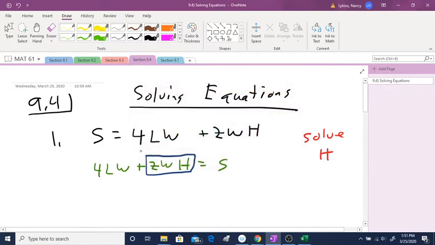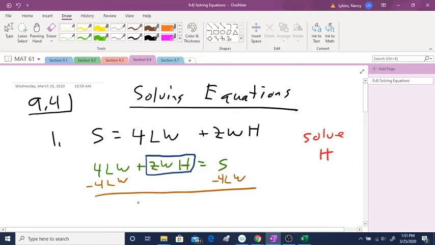So I want to go ahead and solve for H. That means I need to get rid of my 4LW. So I'm going to subtract 4LW on both sides.